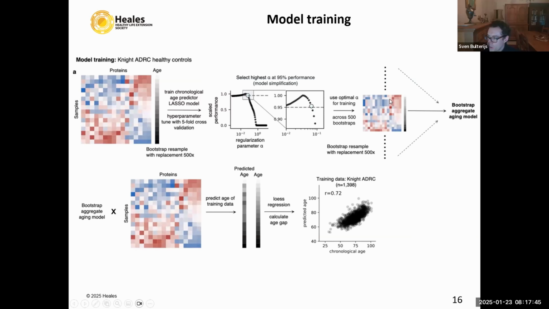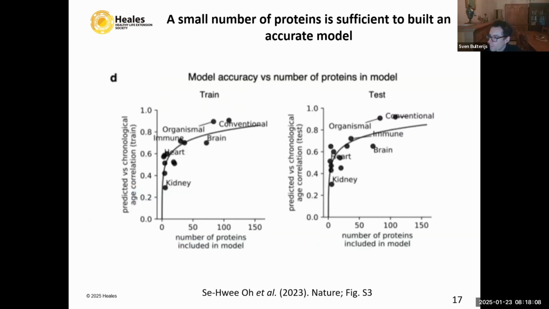Then they used that in the bootstraps, as we discussed before, and then they aggregated the data together, and they came up with the predicted model. Here, predicted age, you can see chronological age, and you can see the correlation between the 2. And they did that for these 11 different organs, as well as for the conventional and the organismal clock.